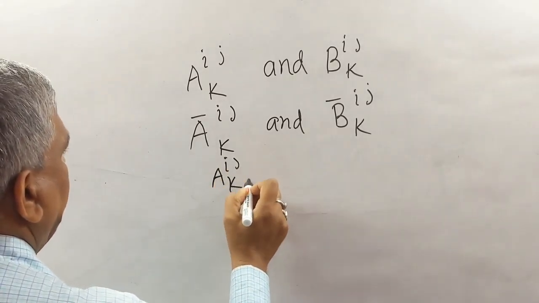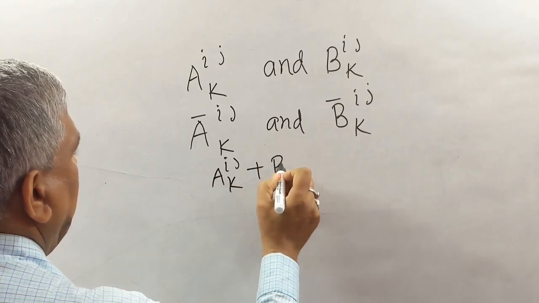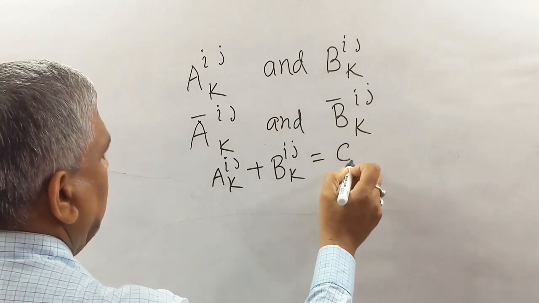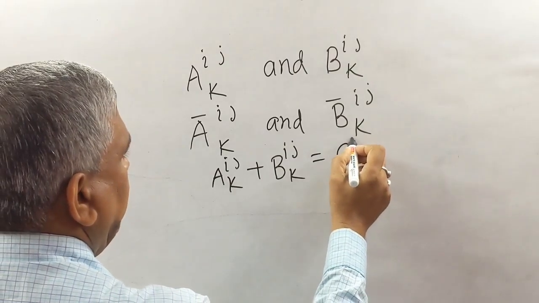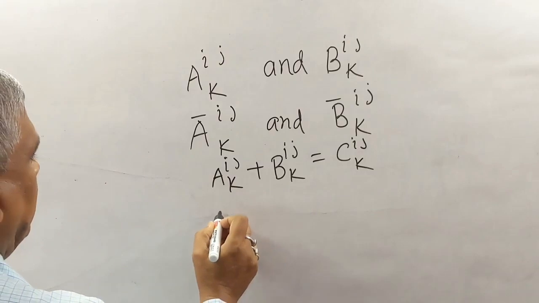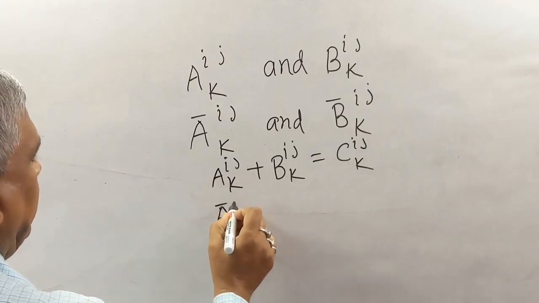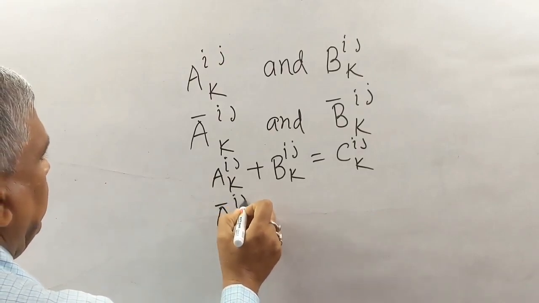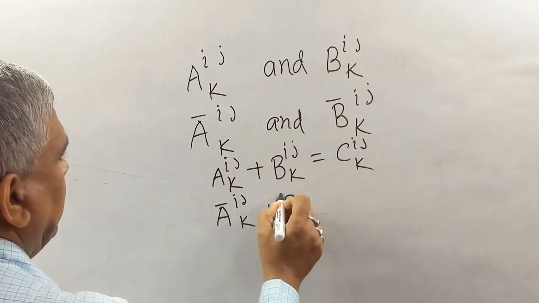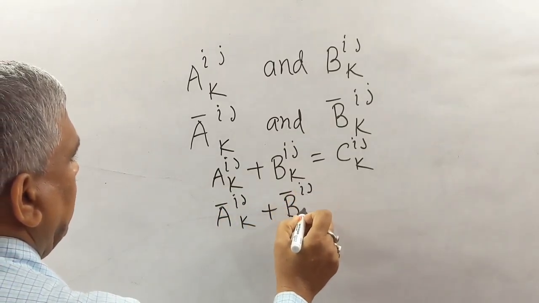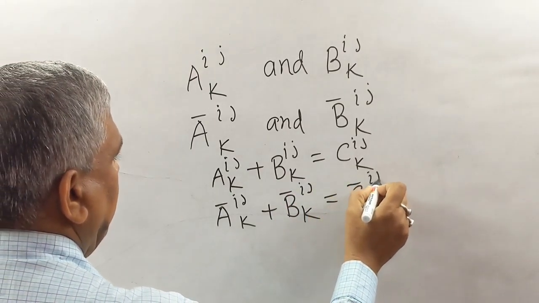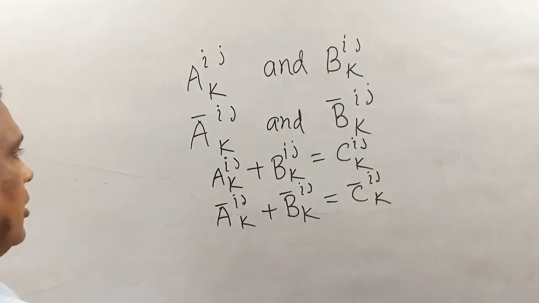Let A ijk plus B ijk equal C ijk, and A bar ijk plus B bar ijk equal C bar ijk.